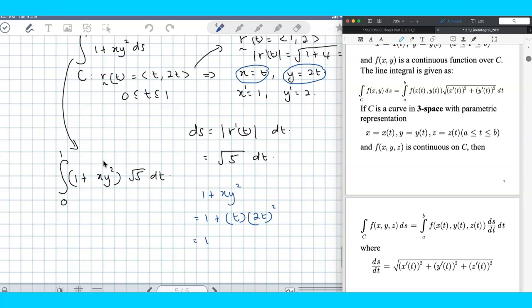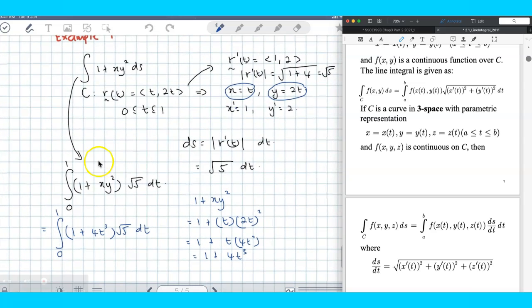So 1 plus t times (2t) squared will give you 1 plus 4t cubed. So now your line integral becomes the integral of 1 plus 4t cubed times square root 5 dt, t from 0 to 1.